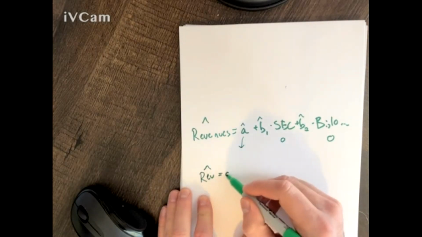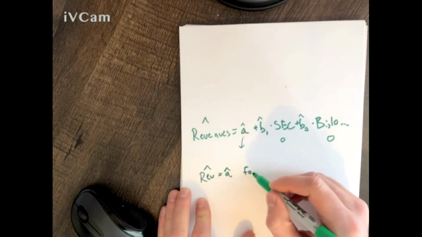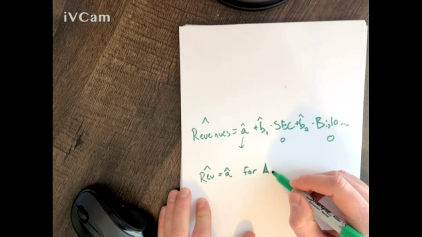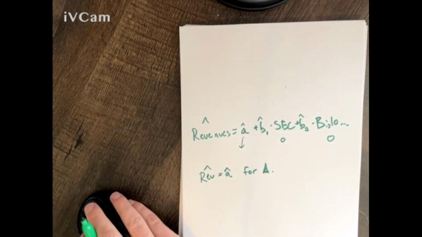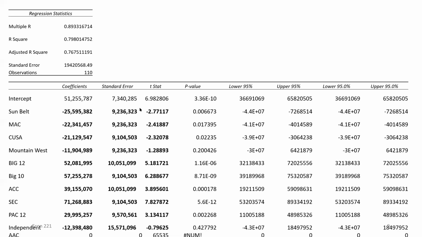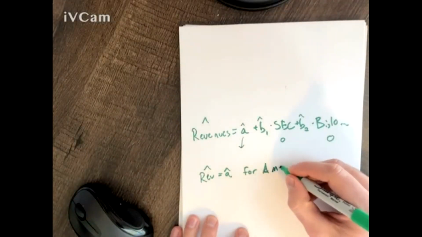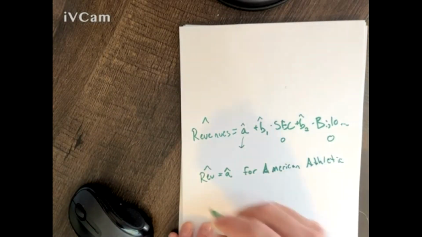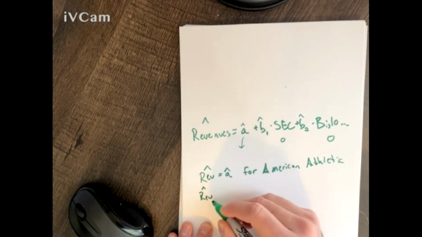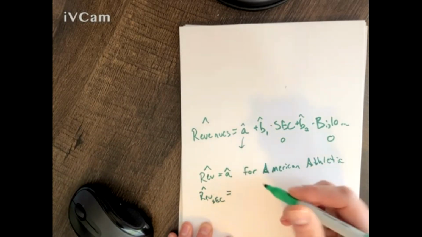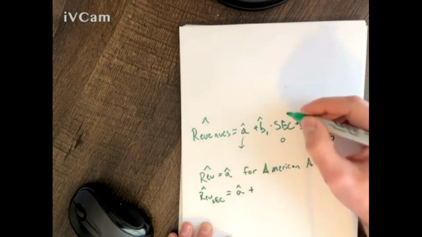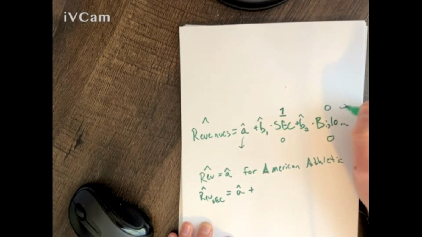So for, which one did I say was the, I already forgot it, Atlantic something, American Athletic, right? This would be just the predicted income for the American Athletic. And then if I wanted to predict income for, I don't know, the SEC, well, that's going to be whatever that coefficient is for the intercept, plus, now the SEC is a 1, everything else is 0.